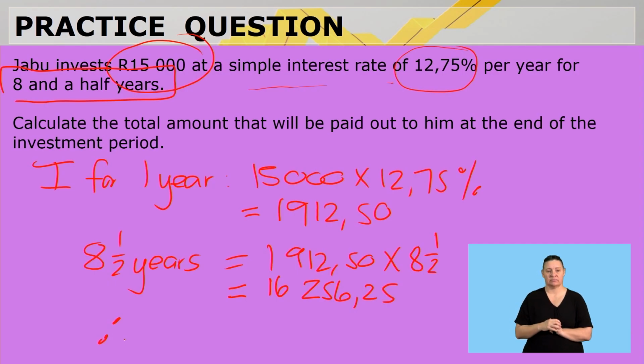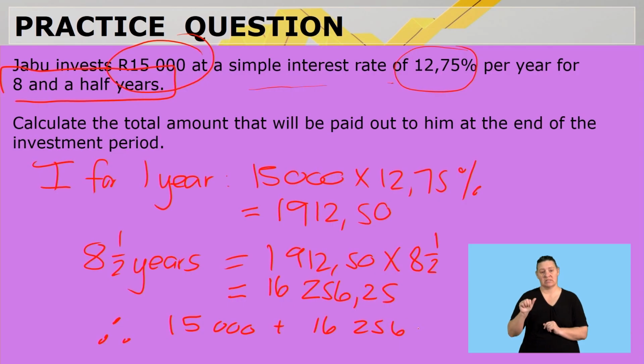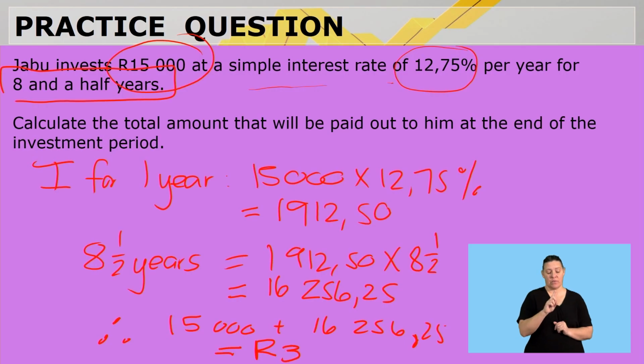So the total value is going to be the 15,000 that he started with, plus the 16,256 Rand 25. That's a comma. So he ends with 31,256 Rand and 25 cents.